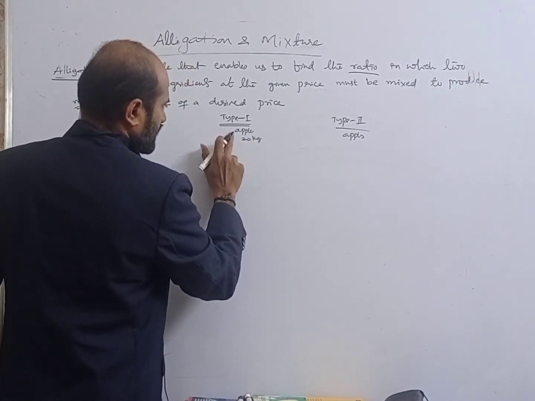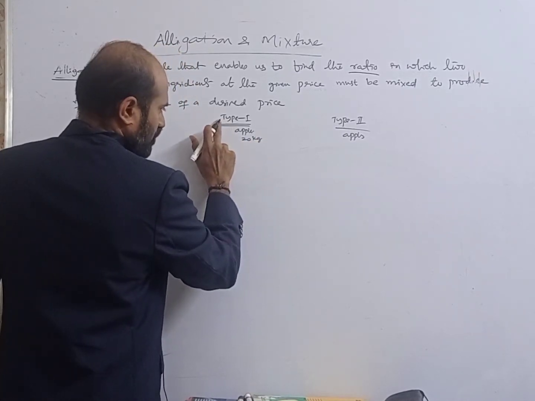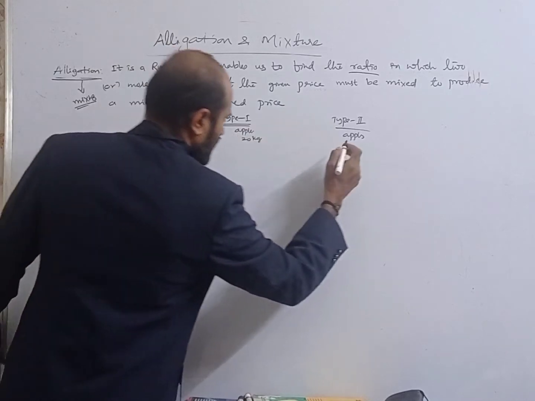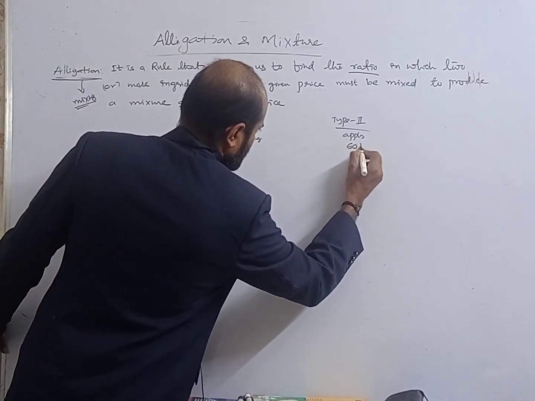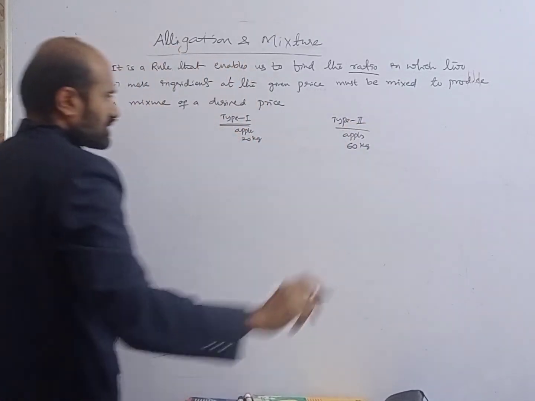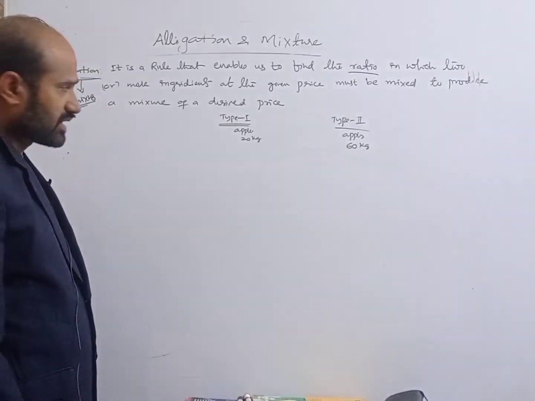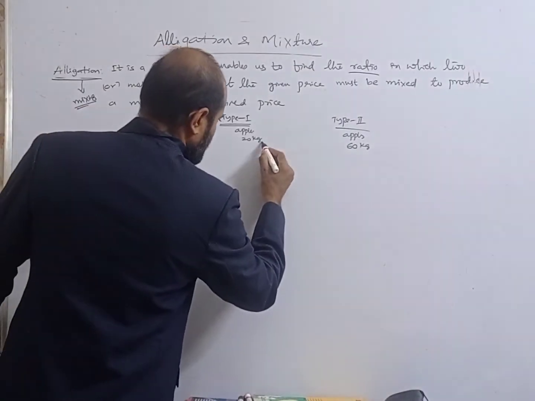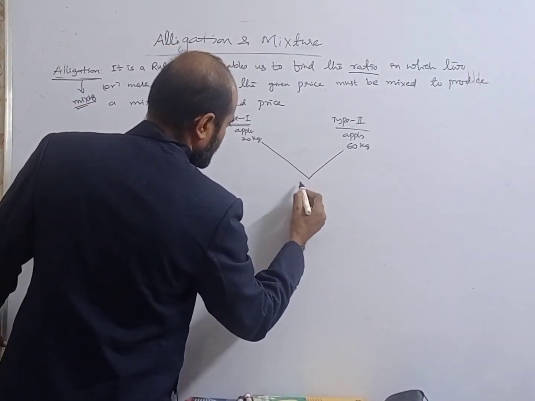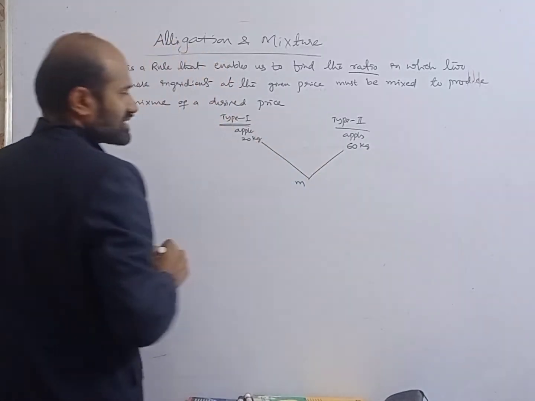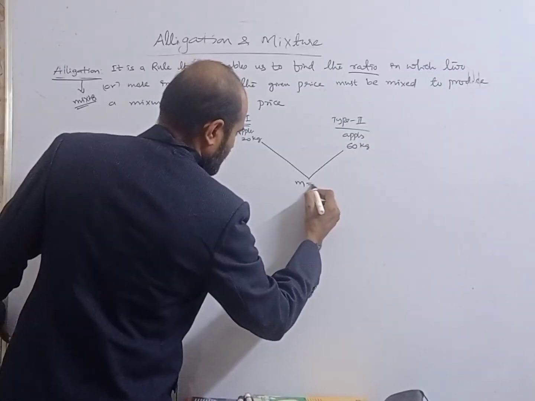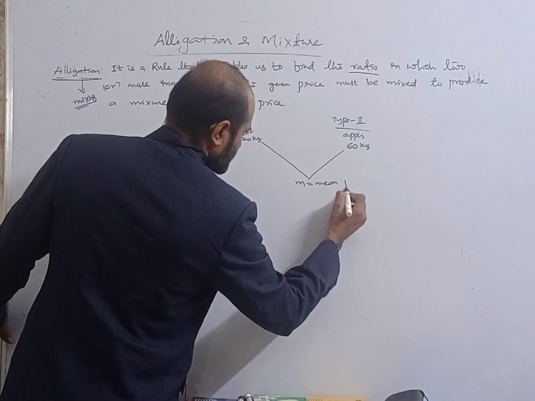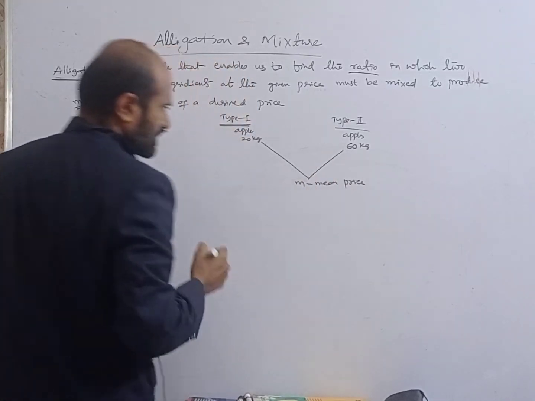The cost of apples of type 1 is 20 rupees per kg, and the cost of apples of type 2 is 60 rupees per kg. Then if we mix these two, you will get your desired price, that is called the mean price.